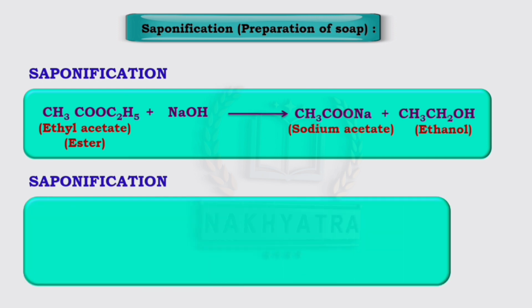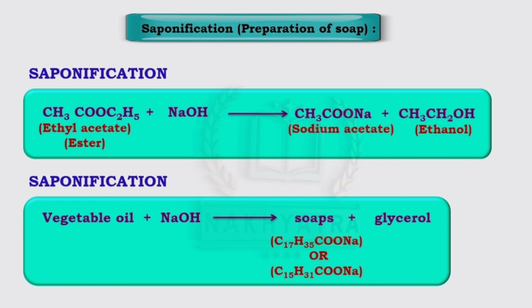Next is the last reaction of saponification. When vegetable oil plus sodium hydroxide is reacted, it gets converted to soaps plus glycerol. And I already told you, saponification usually refers to the soap forming reaction of a base with a fat or a grease. So clear everyone?